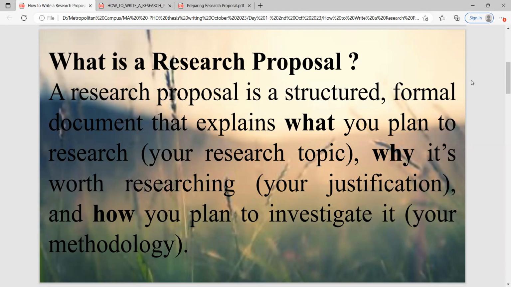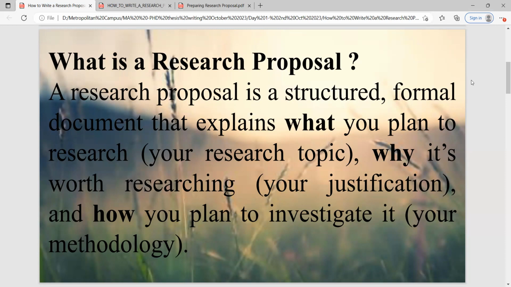That means a justification of why you want to do this topic. You also explain your methodology, how you are planning to collect your information or data. You include all of that in a document, and simply that is what we call a research proposal.